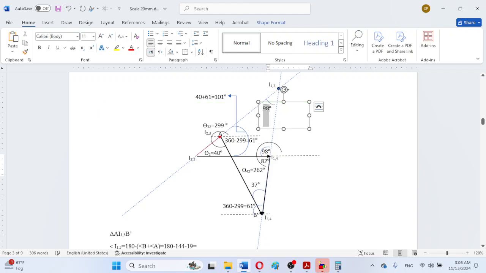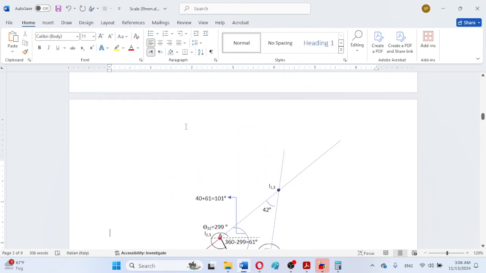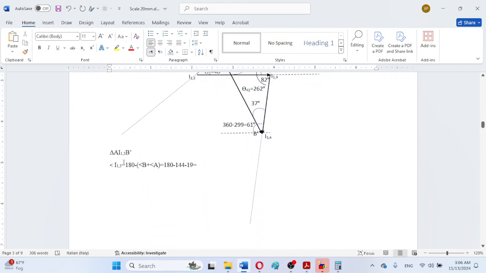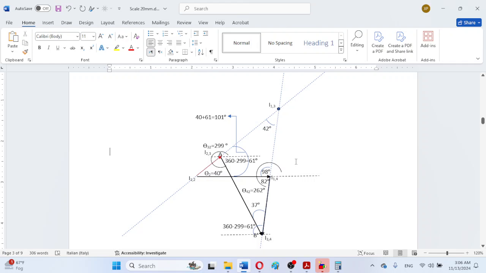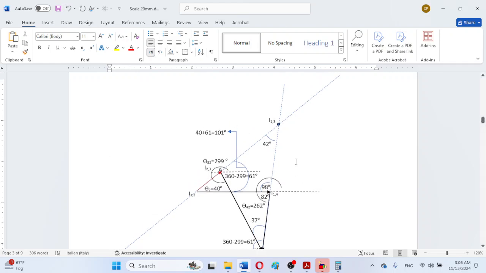So this is equal to 42 degrees. So in this way the complete angles have been found in this triangle A, I1,3, B dash. Now the task is to calculate their lengths.